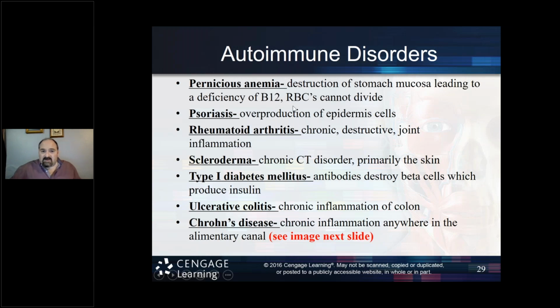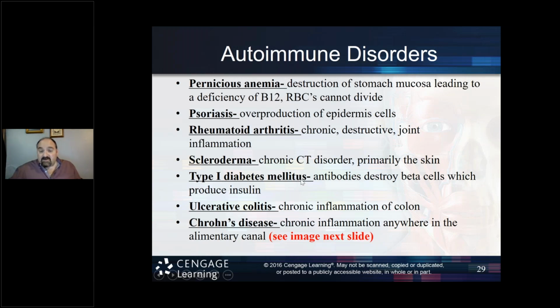Pernicious anemia we talked about as far as deficiency of B12 as a result of destruction of the stomach mucosa, leading to this deficiency of B12, which can affect the erythrocytes and their ability to divide. So pernicious anemia can be a bad disorder, and it can lead to a decrease in erythrocytes circulating through the cardiovascular system in the blood.